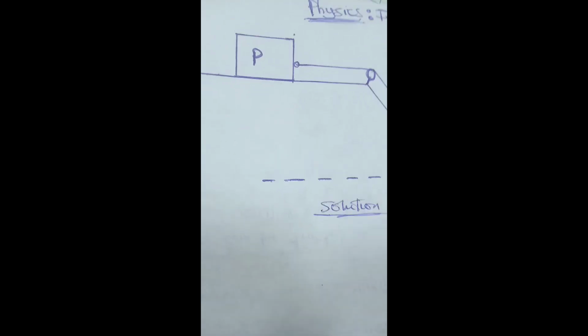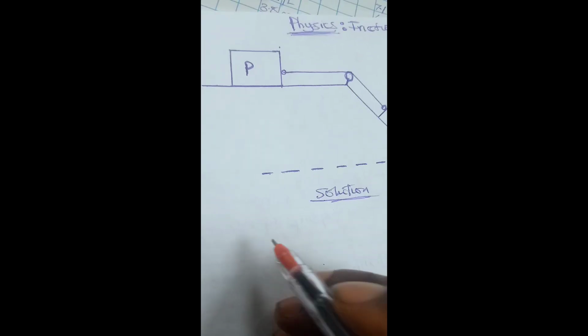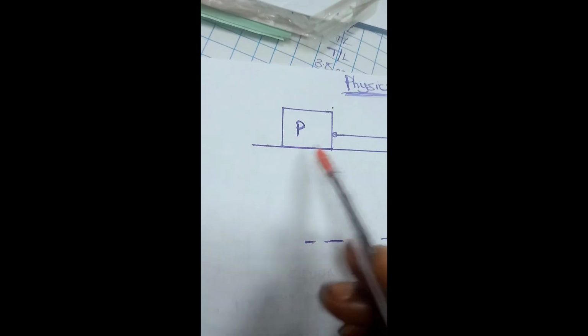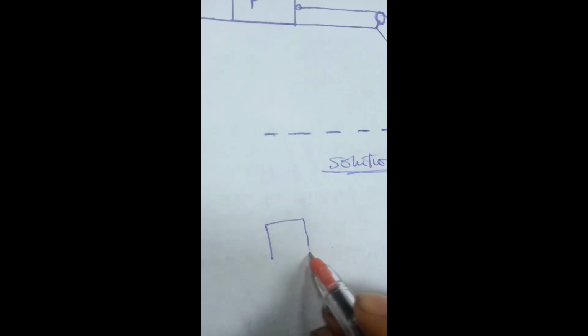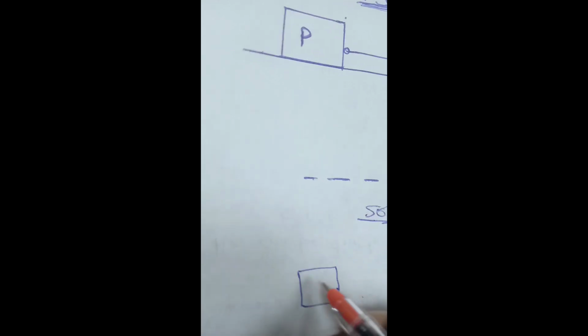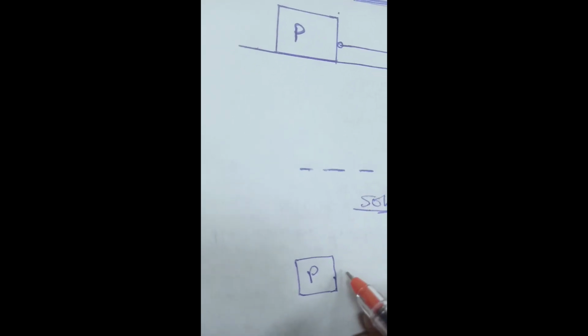Now to do this, we must first analyze the diagram. Let's analyze this first. Now remember, in this cord there is tension and the tension is moving this way.